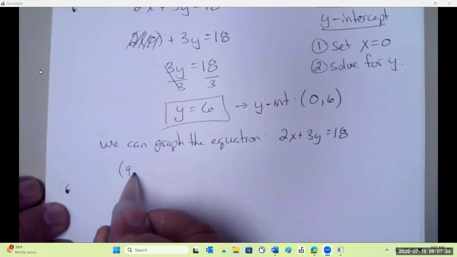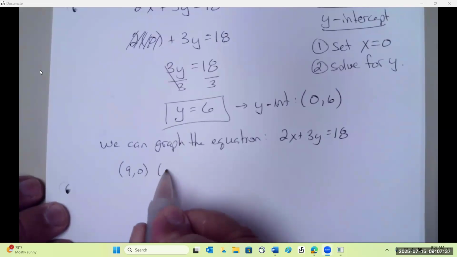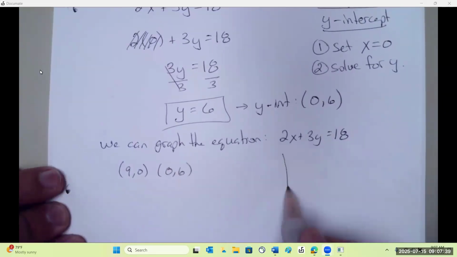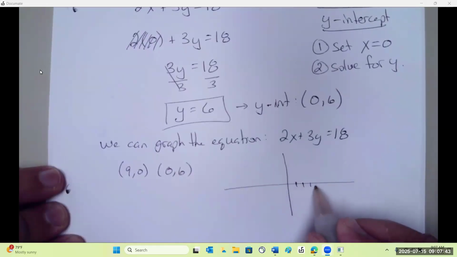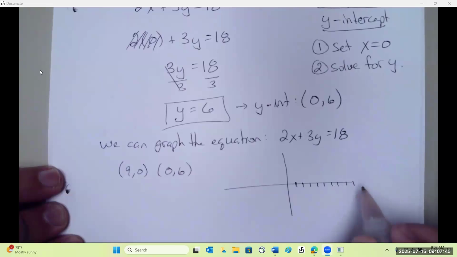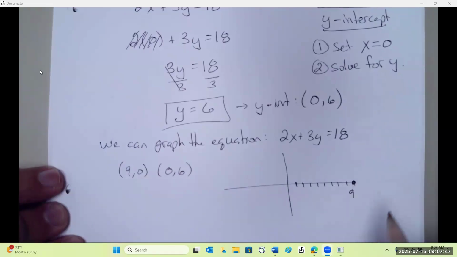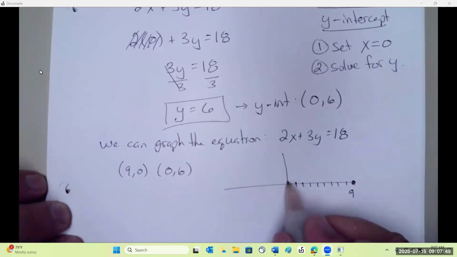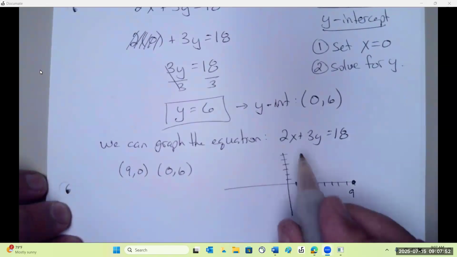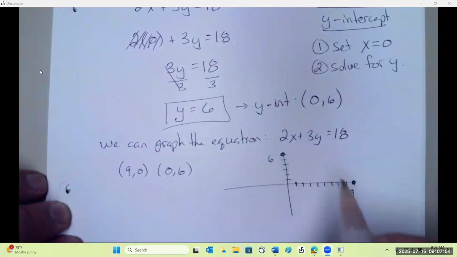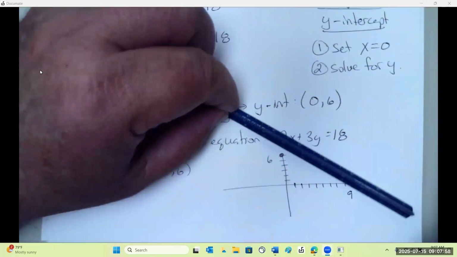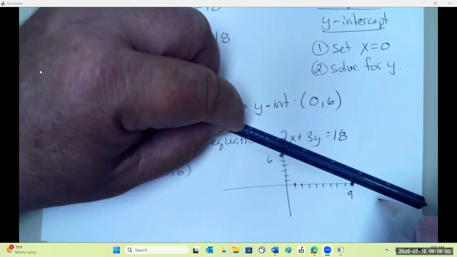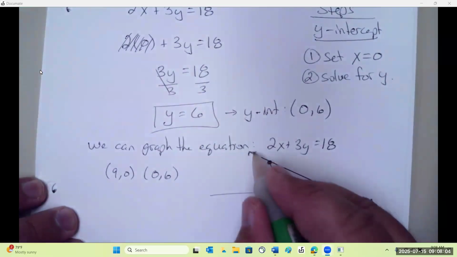We know the points are 9, 0 and 0, 6. 1, 2, 3, 4, 5, 6, 7, 8, 9. So there's 9, 0. 1, 2, 3, 4, 5, 6. Those are my 2 points. Connect the dots. And there's my graph of my equation.